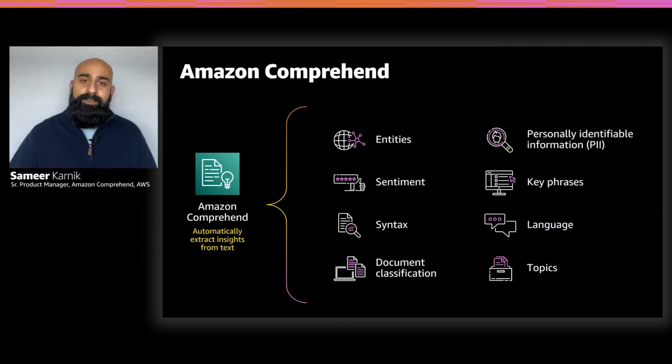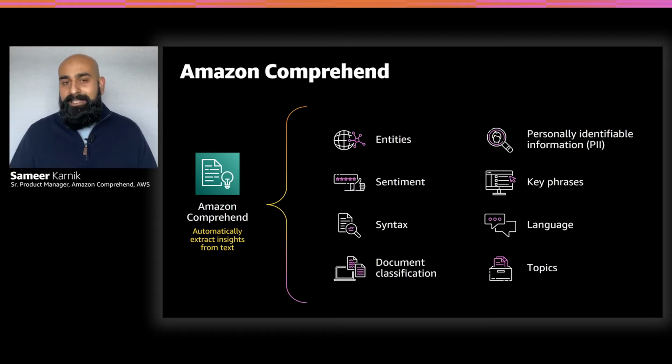Given a text document, sentiment can tell you if it's positive, negative, neutral, or mixed in sentiment. On the right, if you look at PII, this is a very important topic for a lot of our customers these days. PII lets you detect, redact, and mask personally identifiable information from text documents.